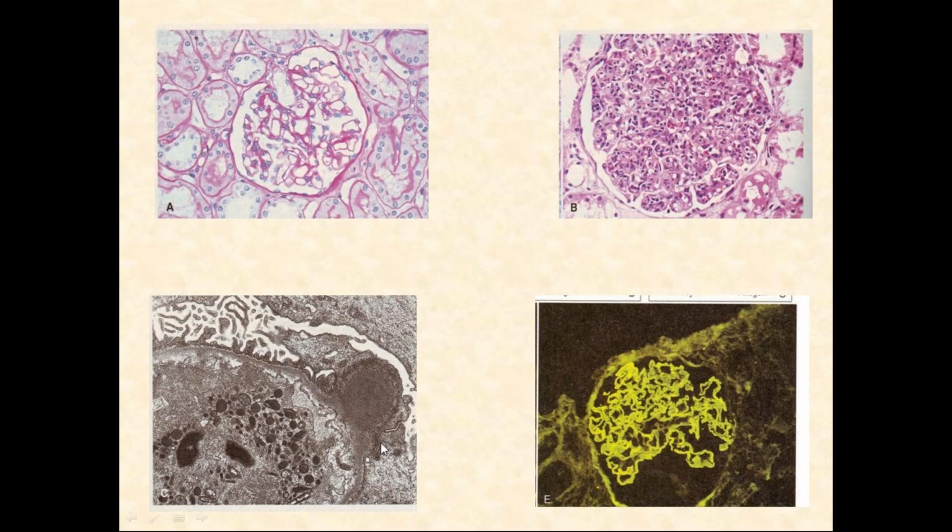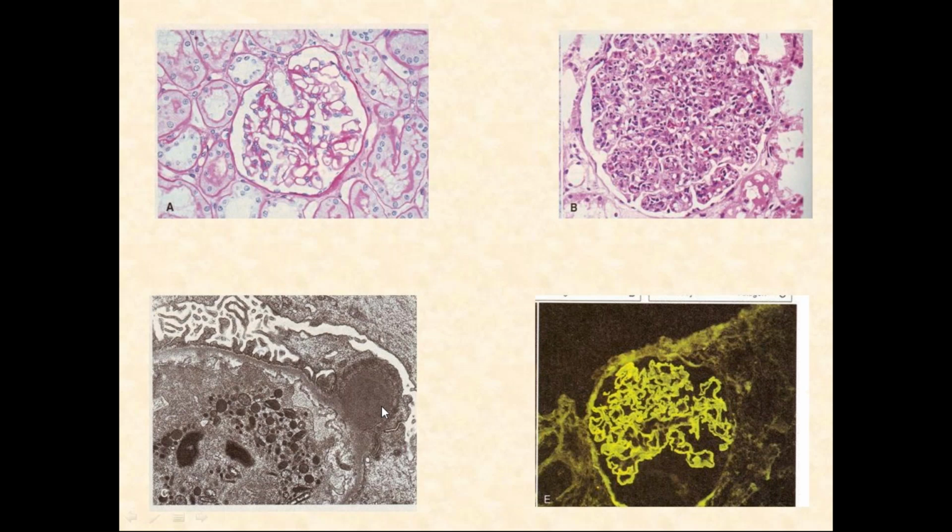In the electron microscopy, this is the basement membrane, and the deposit of immune complex here is subepithelial. So what you see here is the subepithelial deposit.